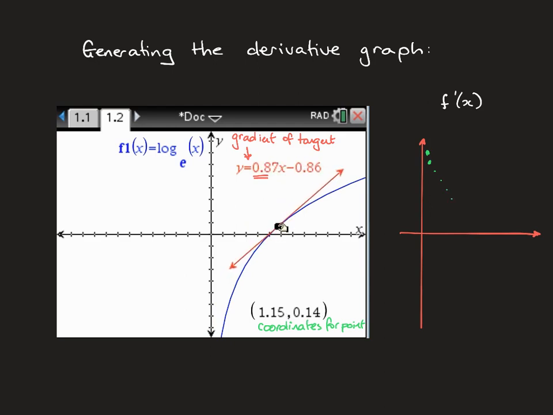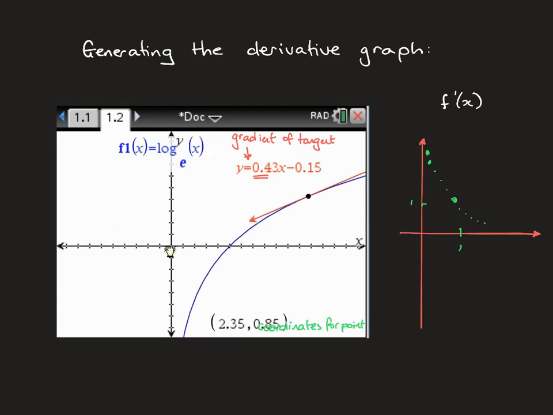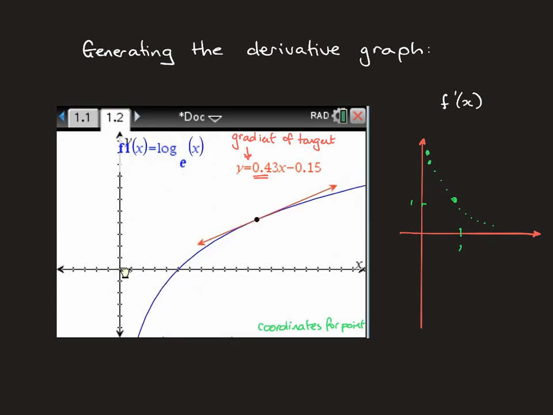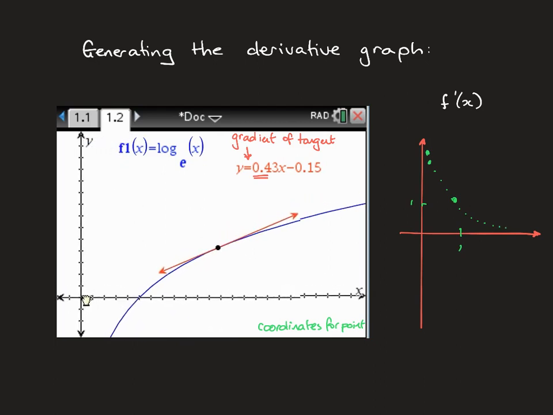At x equal to 1, the gradient is equal to 1. And as you can see, even as we continue out to the right-hand side, the gradient is still positive. It's small, but it's still positive.